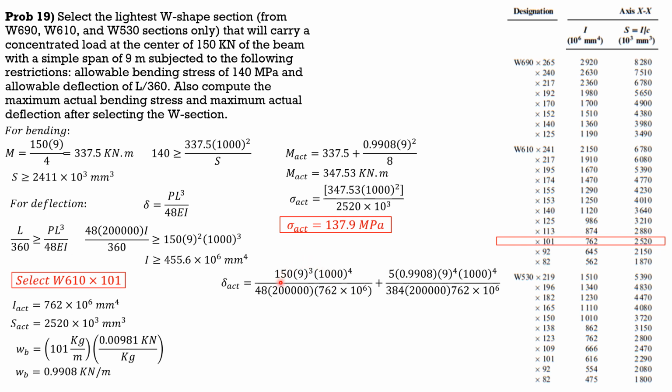So this is the deflection due to the concentrated load at the center, PL cubed over 48 EI, plus the deflection due to the uniform weight of the beam, 5wL to the fourth over 384 EI. Combining, the actual deflection is 15.5 mm, which is less than the allowable deflection of 9,000 mm, 9 meters over 360, which is 25 mm. So that's why it's also safe.